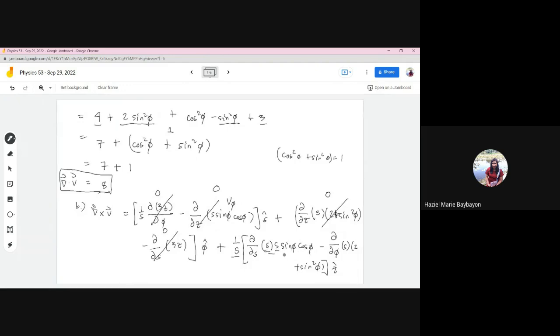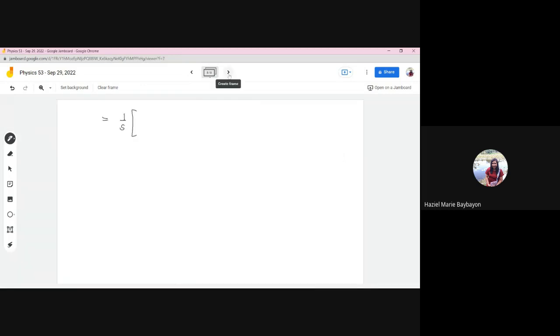So, we just have to consider this as a constant. So, you have 2S. So, derivative of S squared is 2S. And then here, we will differentiate with respect to phi.